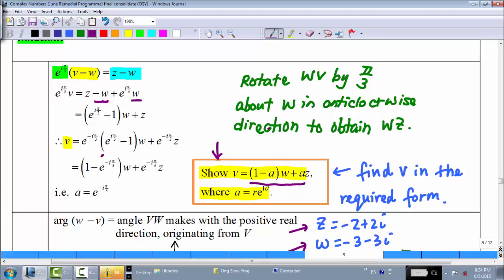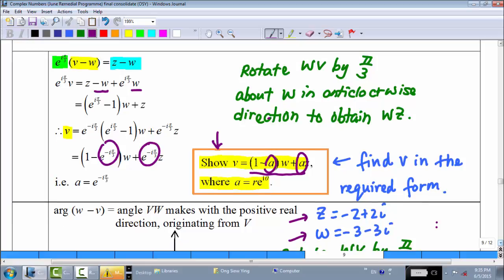This will be your A. So that's where you need to stop. But of course, if you are supposed to find V, then you have to proceed further by substituting W and Z inside the equation and simplifying your answer further. But for this case, this is where you need to stop according to the question.